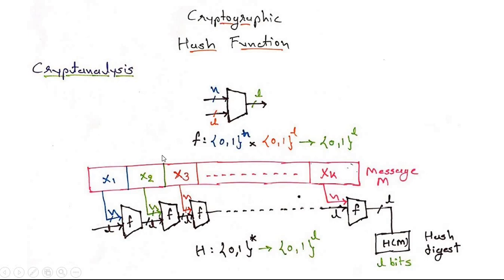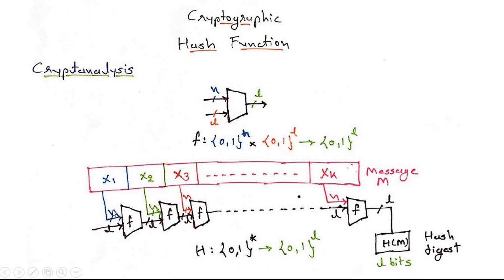That is cryptanalysis. So what we are doing here, suppose there is a very long message, we are dividing the entire message into a number of different parts, like here we are dividing the message into parts x1, x2, x3 up to xk. So we can divide our message into smaller parts, and we are making different slots of n bits. It means the size of every slot remains the same.